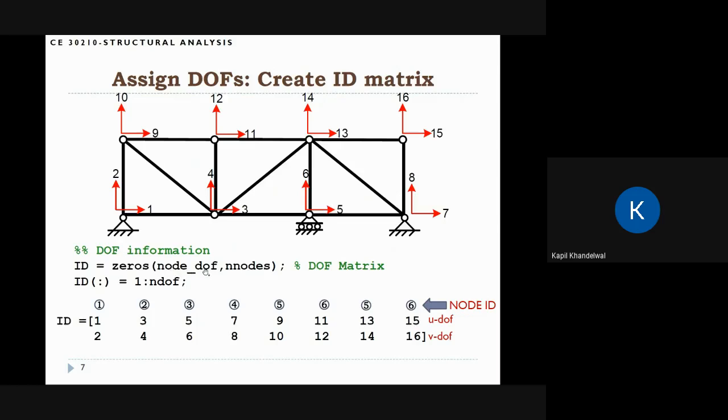Currently, node degree of freedom is 2, but for a 3D truss, it will be 3. The size of the ID matrix then changes accordingly, so this code works for both the 2D and 3D case.